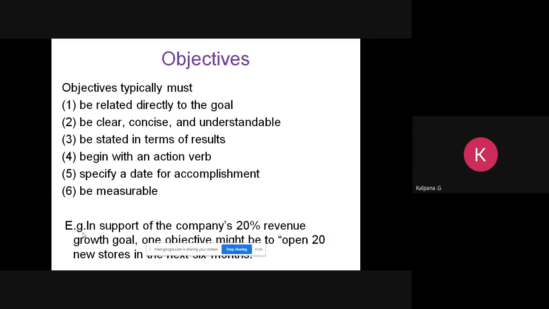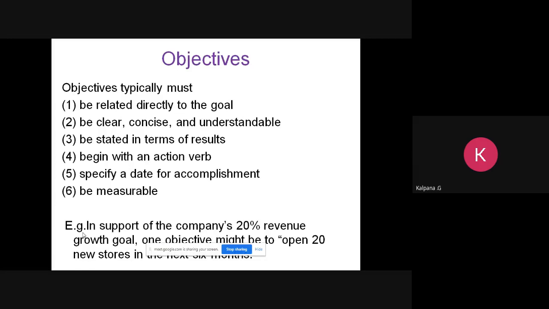Any objective should begin with an action verb and be directly related to the goal. I cannot have an objective that is away from the goal. Every objective in the organization, even at the department or unit level, should be directly related to the goal. It should somehow help in achieving the goal.